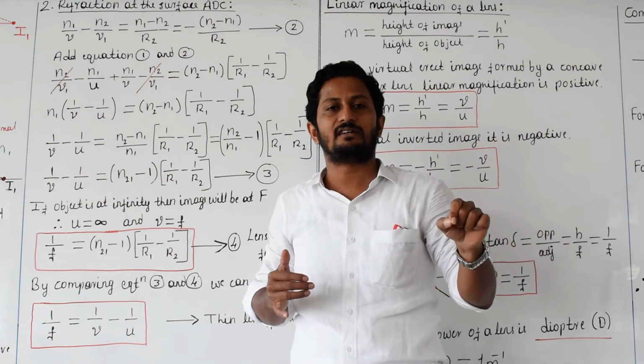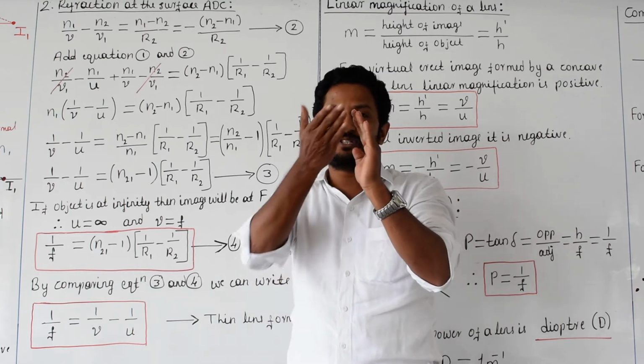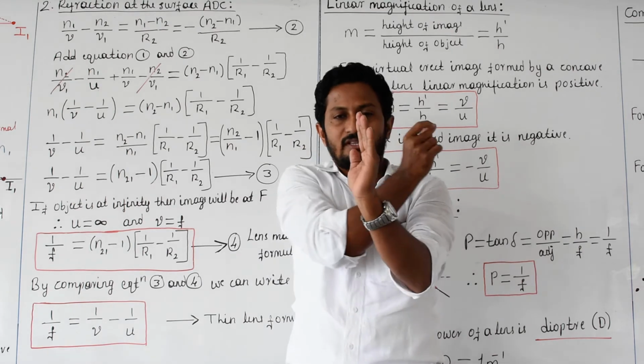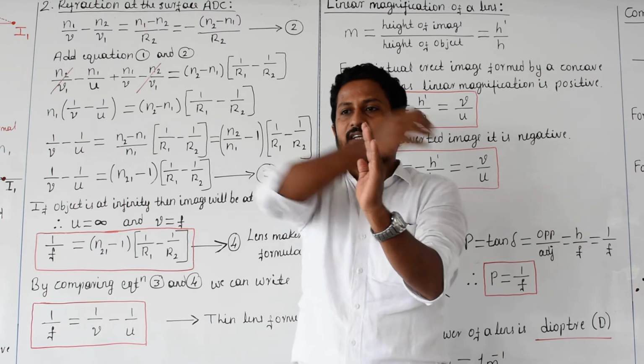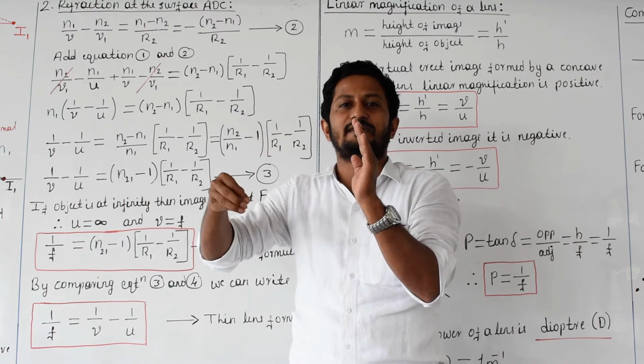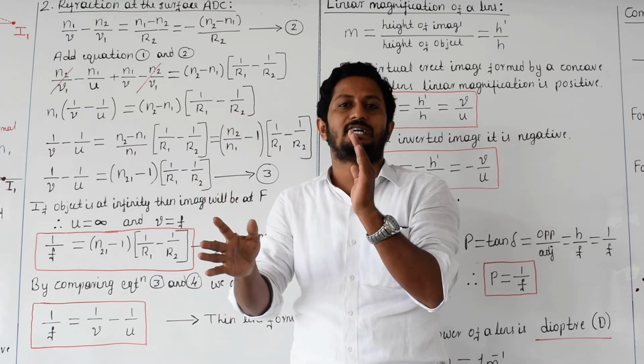That I1 you have to treat as a virtual object for this second surface ADC. You think that I1 is somewhere here in this denser medium and behaving as a virtual object.